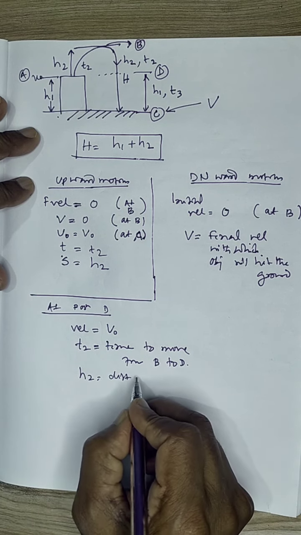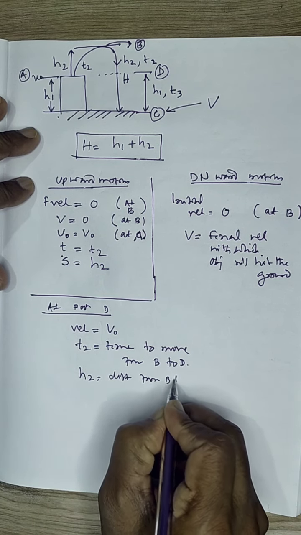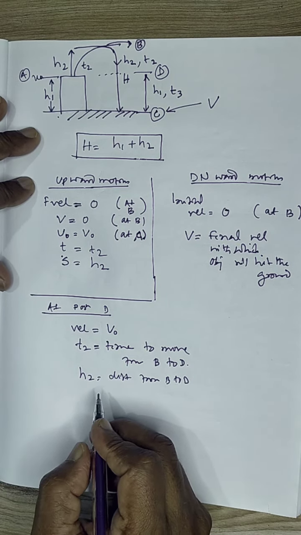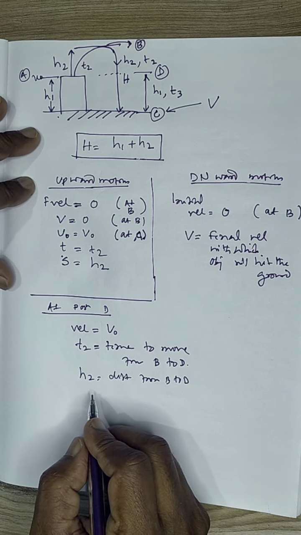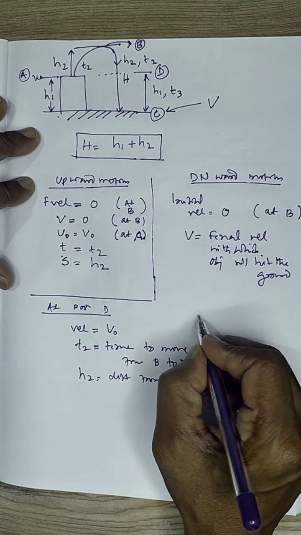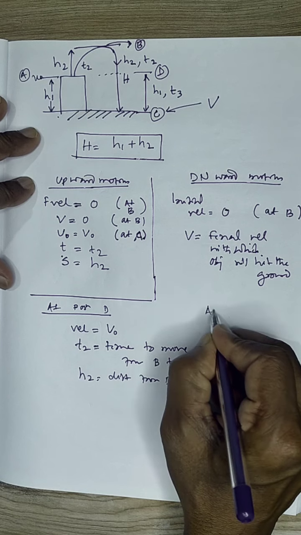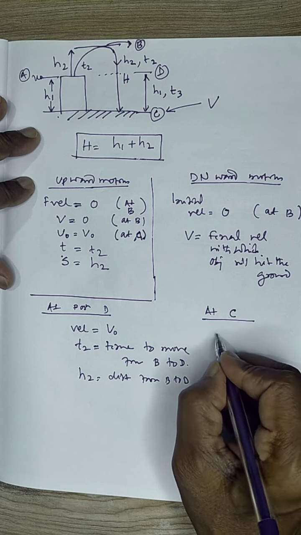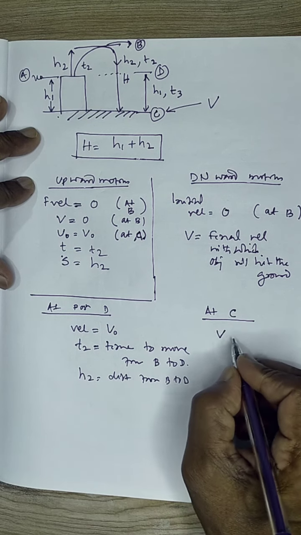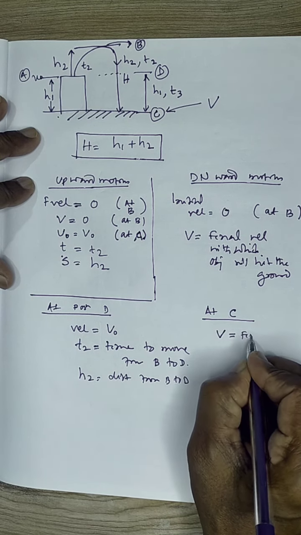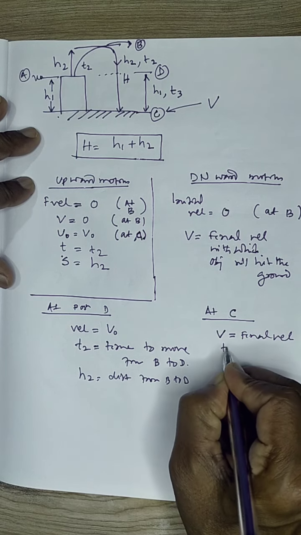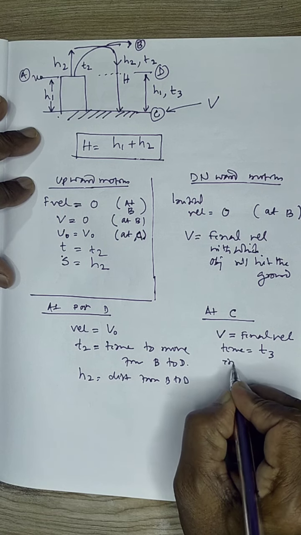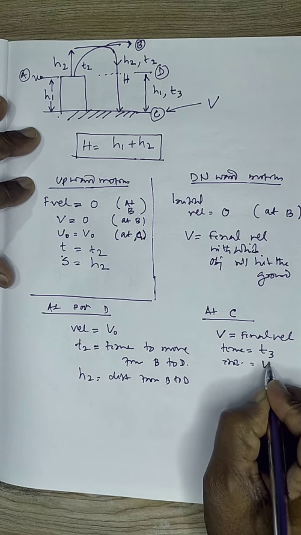Distance it will cover from B to D. Now from D to C it will move and hit the ground at C. Let the velocity at C be V, the final velocity, time will be t3, and initial velocity will be again v0.